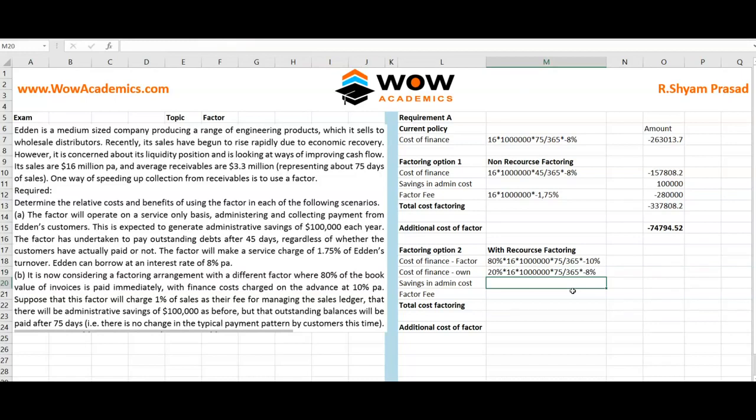The savings in admin cost is going to be the same, 1 lakh, and the factor fee is going to be 1%. We have already done a factor fee here. We can copy it and we can use it. So the factor fee is going to be just 1%. So that's it.